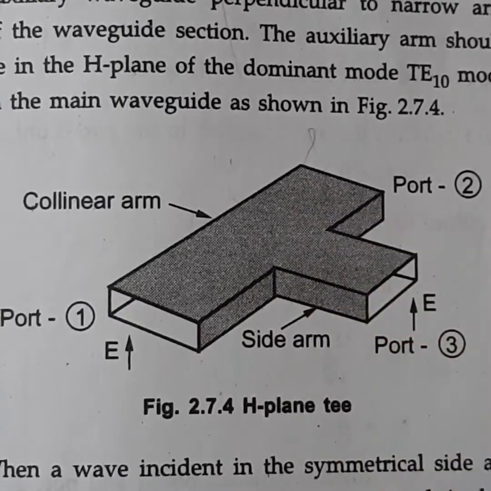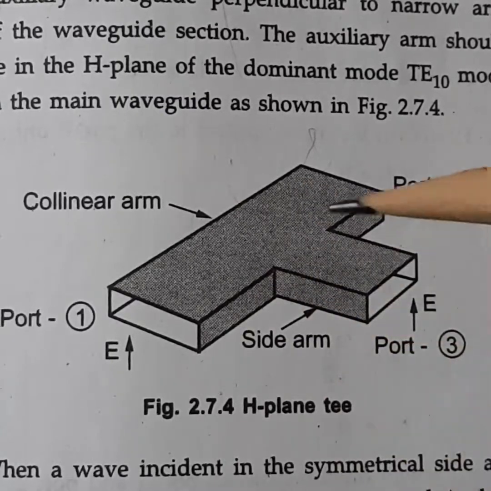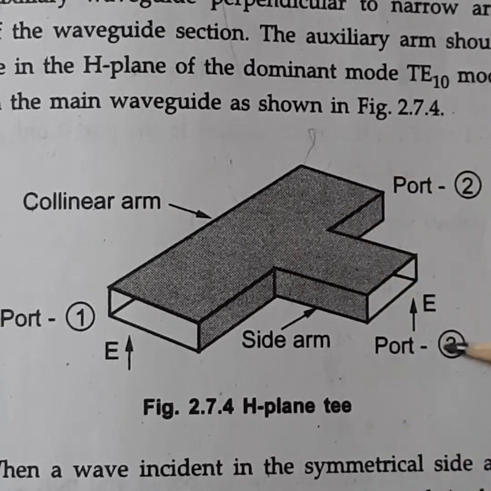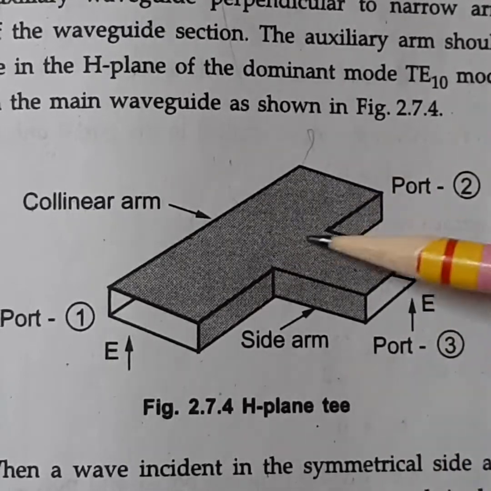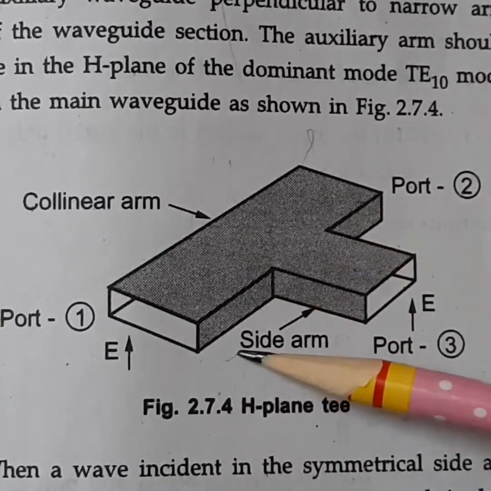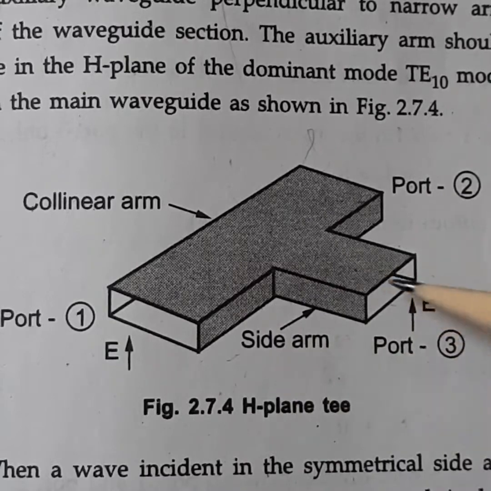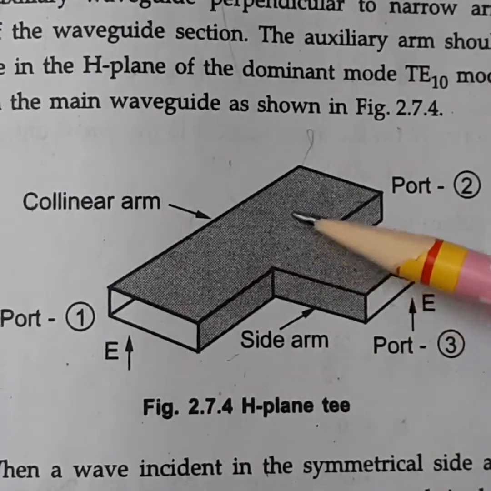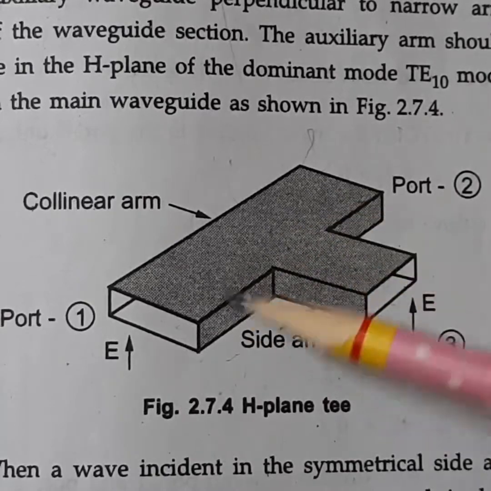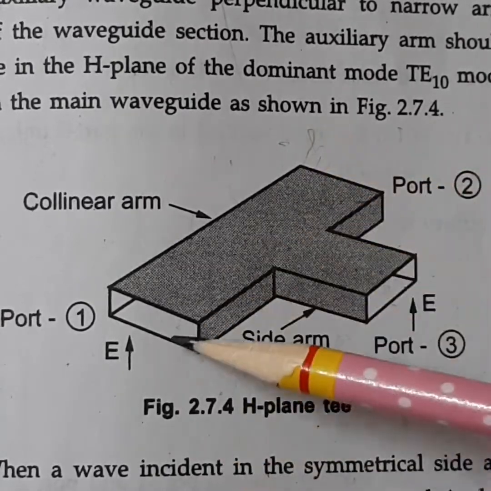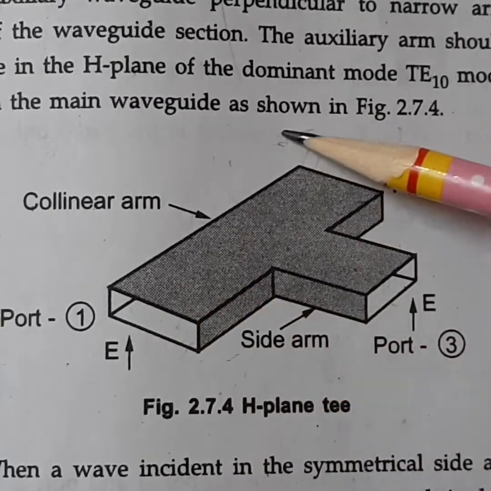So whenever a wave is incident on the symmetrical side of the arm, that is at port 3, it splits into two equal in-phase waves in the two main arms, that is port 1 and port 2.